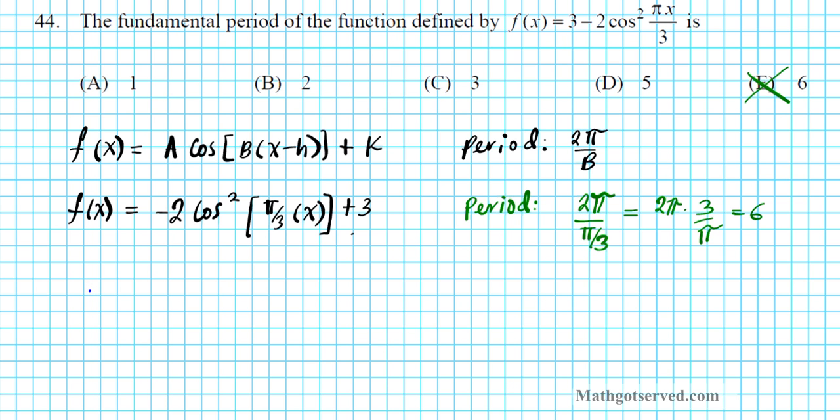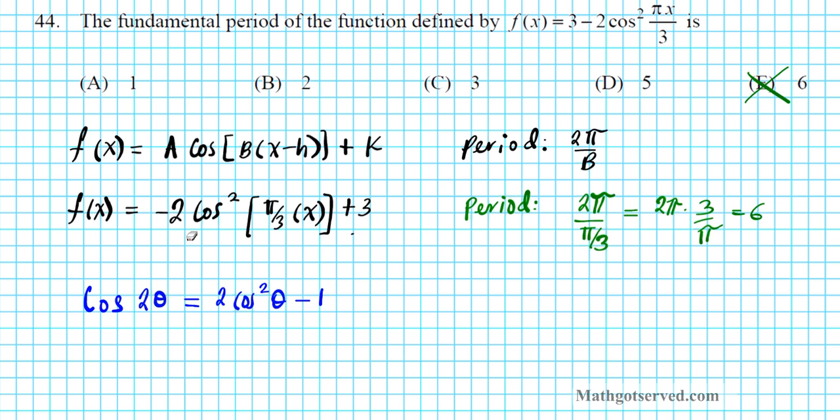If you think back to trig in pre-calc, cosine of 2 theta has 3 different forms. The form that is applicable here is 2 cosine square theta minus 1.